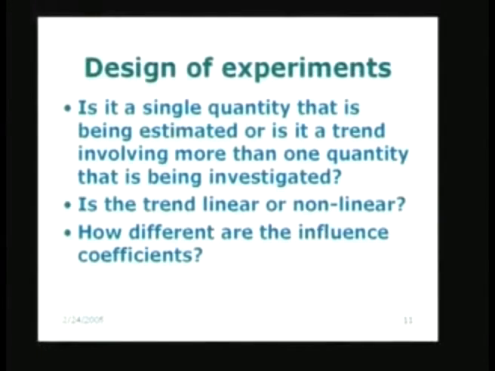From the point of view of manufacturing, I would be interested in finding the most suitable values for all these parameters or factors, such that I am able to satisfy some requirement, like the surface finish having to be within certain limits. So it may be a single quantity that is being estimated. If you look at the slide, it is a single quantity that is going to be estimated.